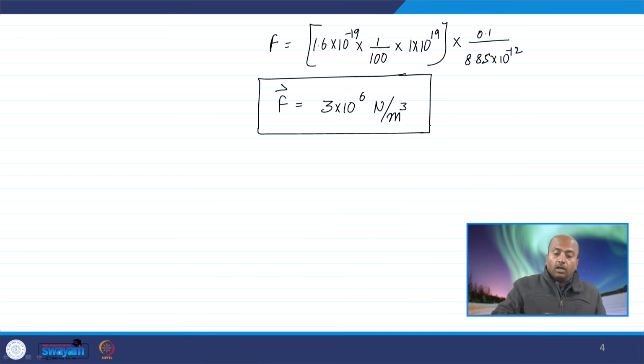Now, if all of that was correct, then the amount of force which will act is huge, 10 to the power of 6 Newton per meter cube. So, if there is charge separation, incredible forces will be created within the plasma. Why? What is the objective of this force? The objective of this force is just to neutralize or bring neutrality into the plasma.